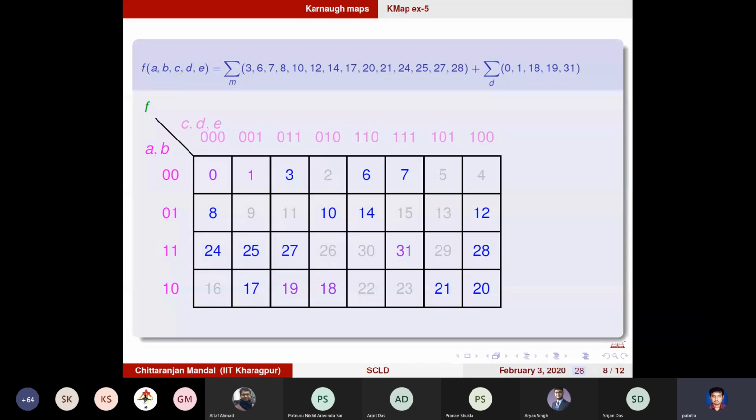Let's take an example. You know that in the BCD representation, you represent decimal digits 0 to 9 using 4 bits. You really care about the decimal representation of 0 to 9, but there are six more input combinations possible, corresponding to 10, 11, 12, 13, up to 15.